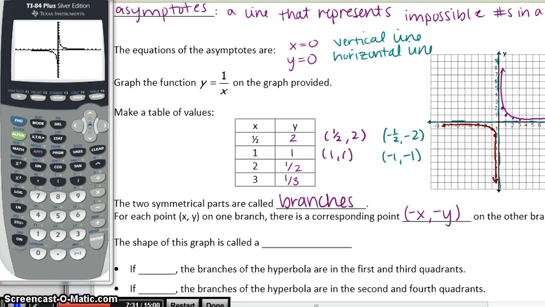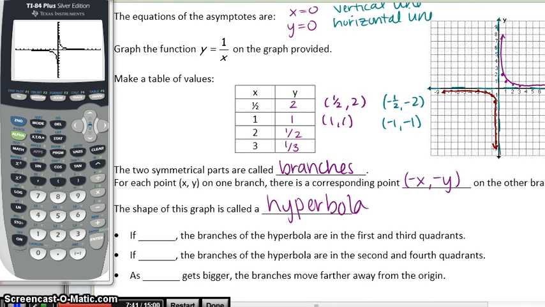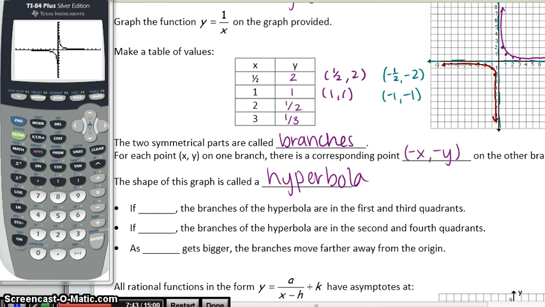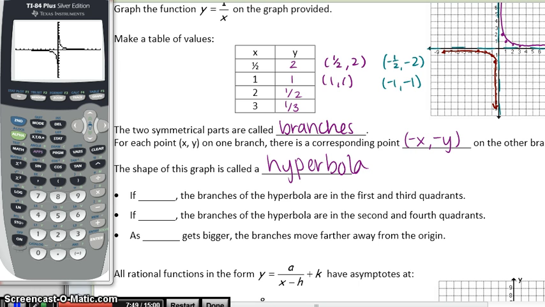And the shape of this graph, we call this a hyperbola. And we should recognize that term. We learned it last semester. So a hyperbola just has these two branches. They're symmetrical. And just some more information about this.